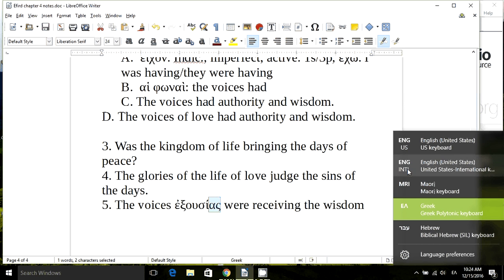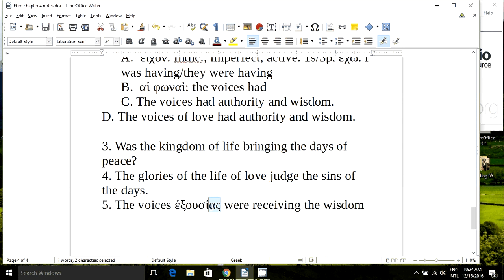Well, it's either accusative plural or it's genitive singular, right? Because with a noun in the first declension with an iota stem, all of a sudden those singulars take alphas. So was this genitive or accusative? And you just have to kind of fiddle around to find out, wouldn't you? But it fits nicely here as a genitive. The voices of authority. So you just have to try it both ways.